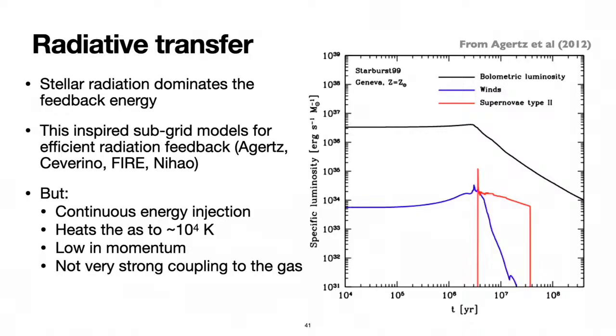So 15 years ago or something like that, we started considering, maybe there is a strong effect from radiation feedback in galaxies. So many people, including myself, started developing radiative hydrodynamics in simulations and trying to include the effect of radiation and the transport of radiation in those simulations.